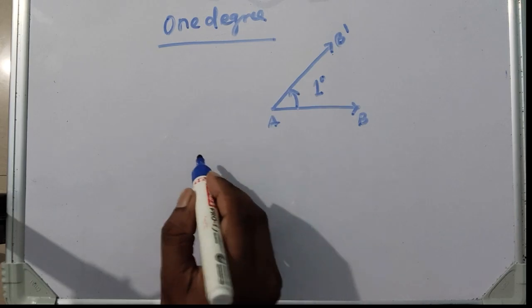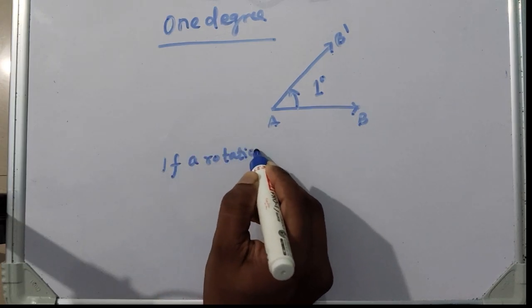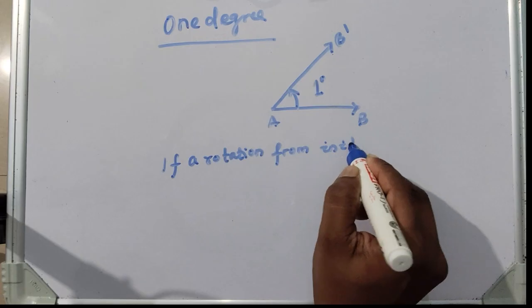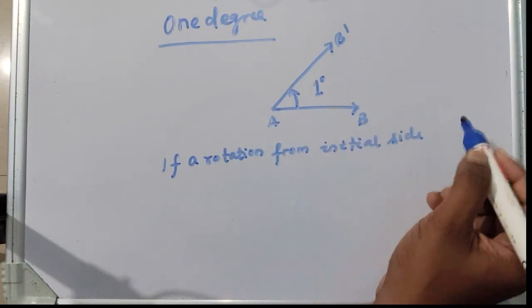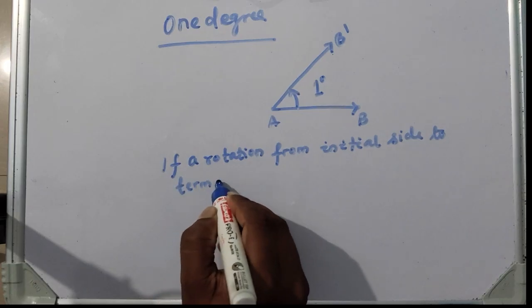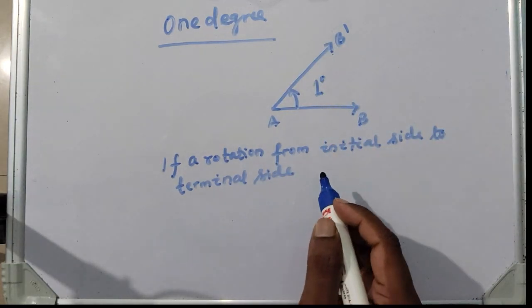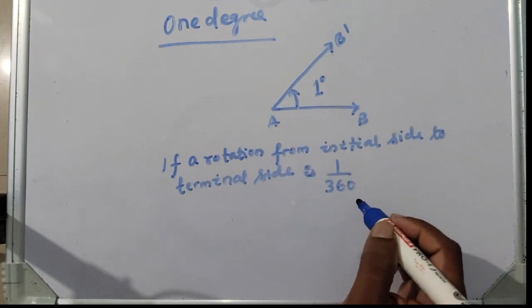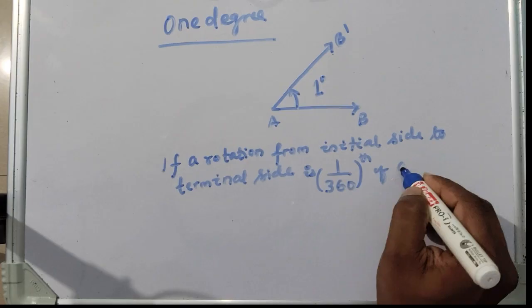If a rotation from initial side to terminal side is 1 by 360th of a revolution.